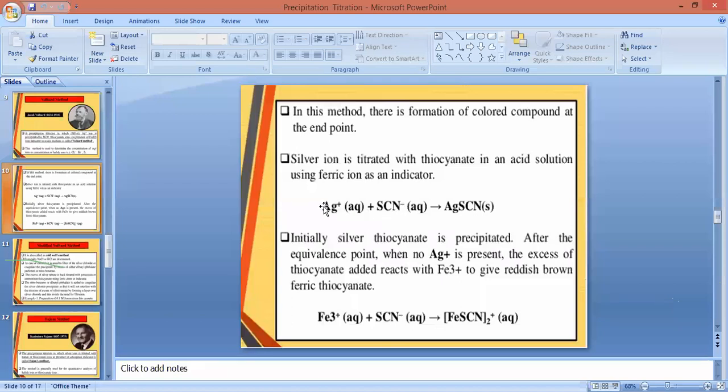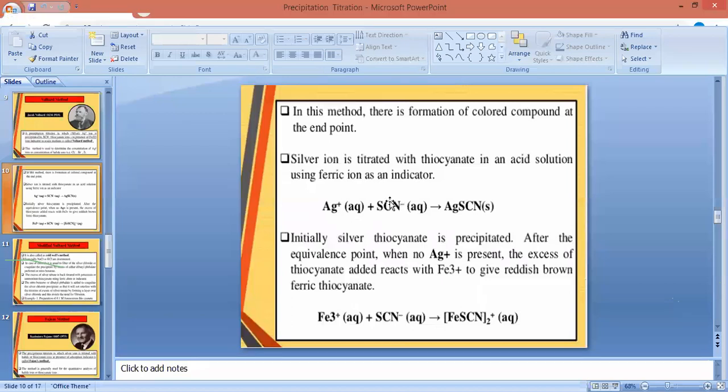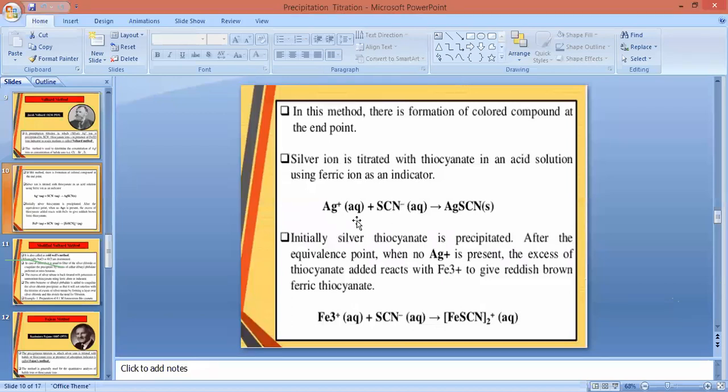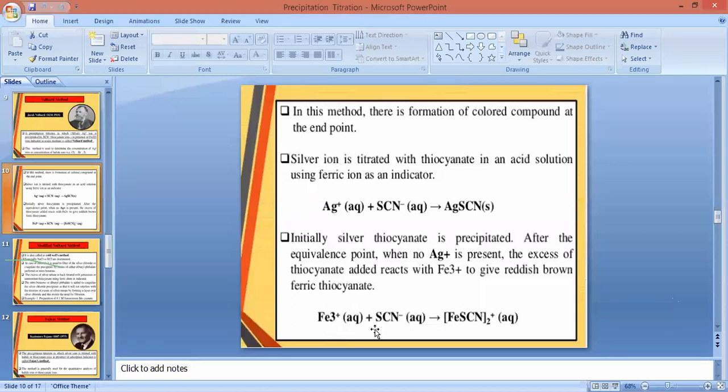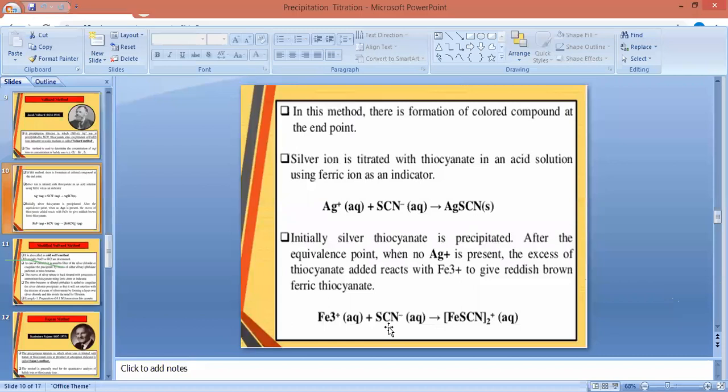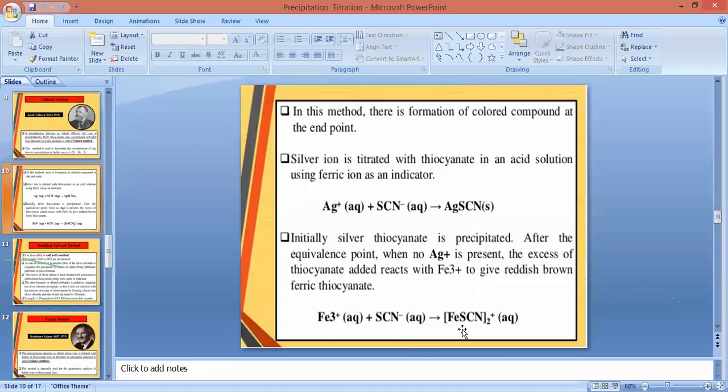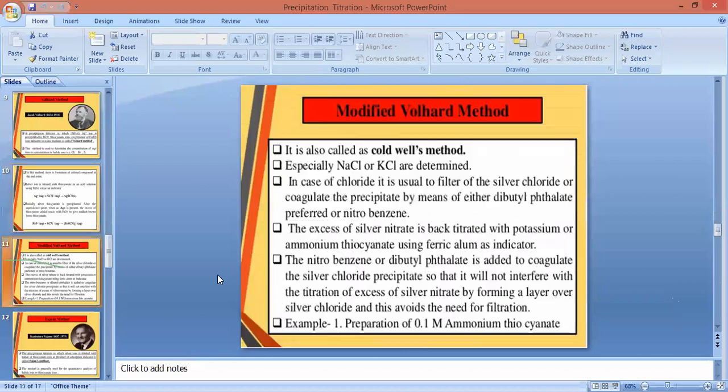The remaining silver will react with the thiocyanate. When all of the silver has been consumed by thiocyanate, the excess thiocyanate will then react with the ferric ion of the indicator, and a complex between thiocyanate and ferric ion forms. That indicates the end point of titration.